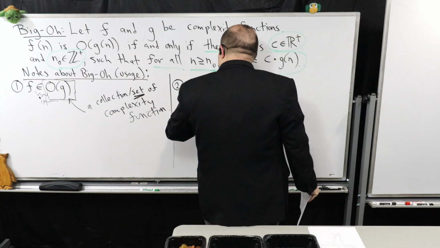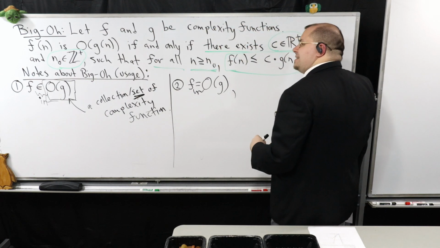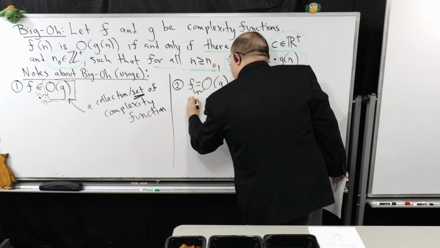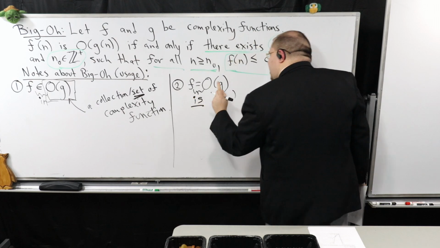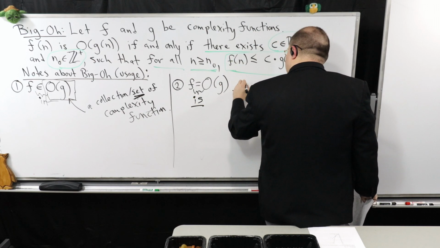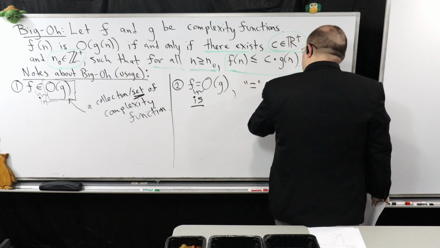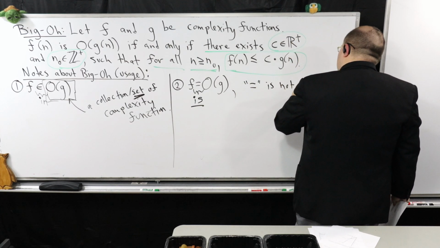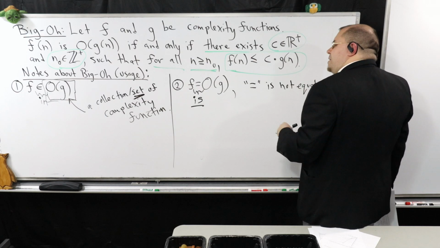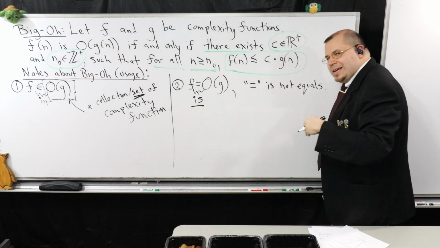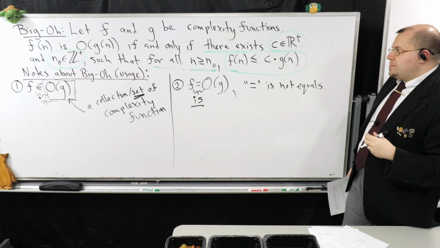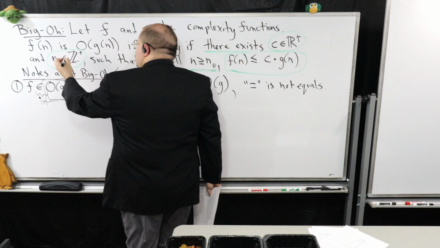When you see the equal sign in this context, this is a convention. It's not an equal sign. When you see that equals right there, read it as "is", just like I have over here.